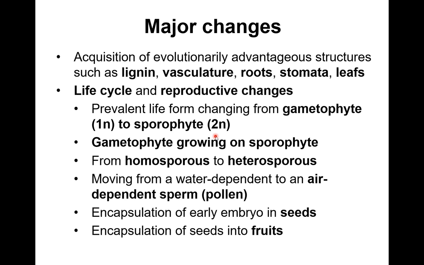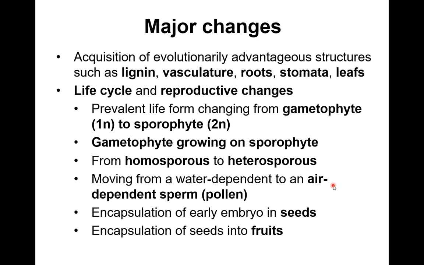Other things that I want you to keep an eye on is how plants have changed from having sperm dependent on water, such as algae. So the early plants, as you'll see when we talk about non-vascular and vascular seedless plants, both had water-dependent sperm. So meaning that these plants, in order to reproduce, would have to wait for water.